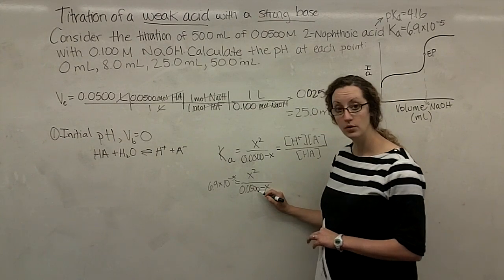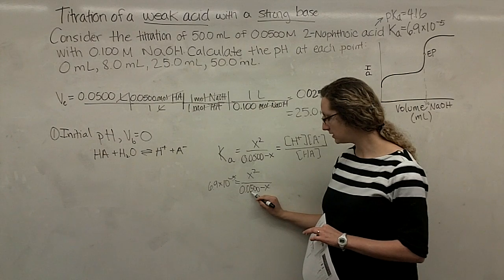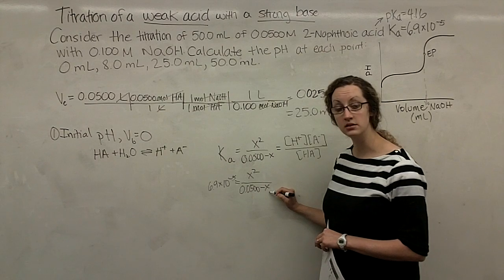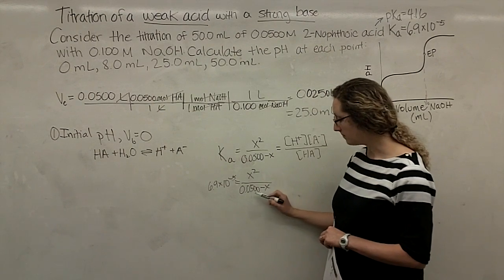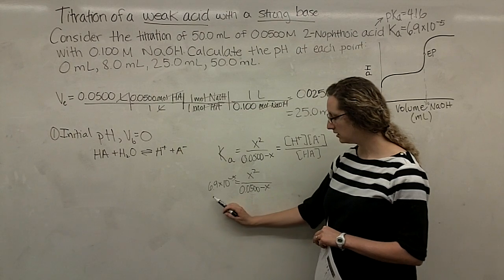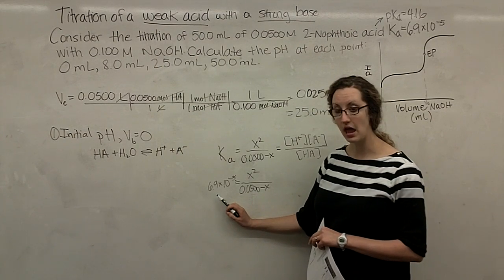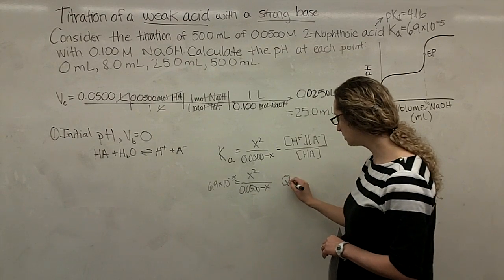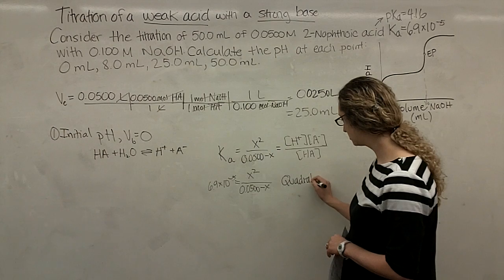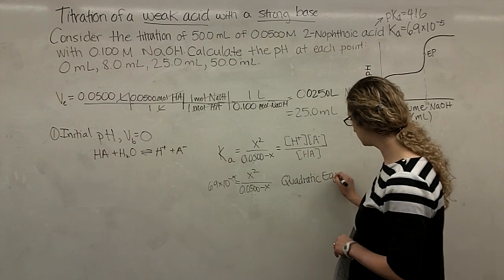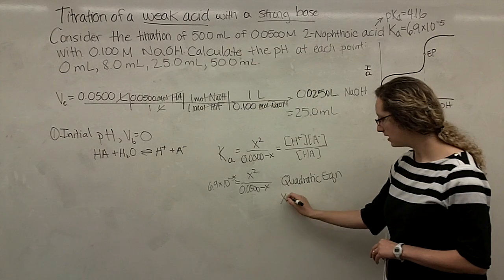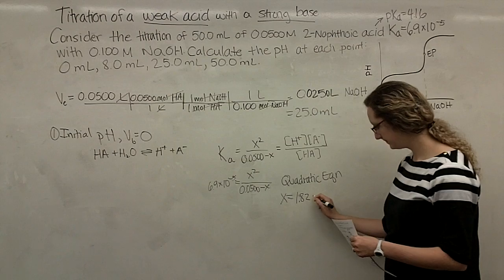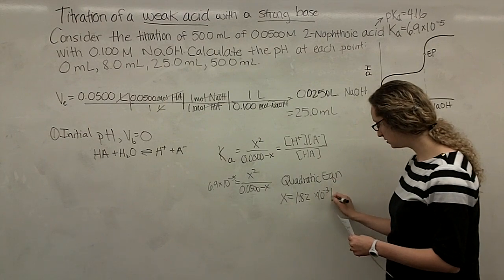If you want to neglect the minus x in the denominator, the concentration must be over 1,000 times greater than your Ka. This is in fact not the case, so to solve for x, you need to use the quadratic equation. You should find that x is equal to 1.82 times 10 to the minus third molar.